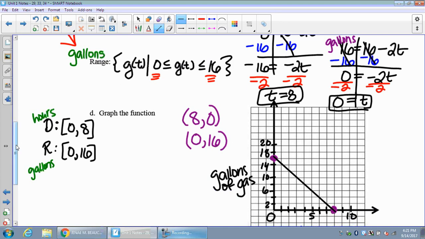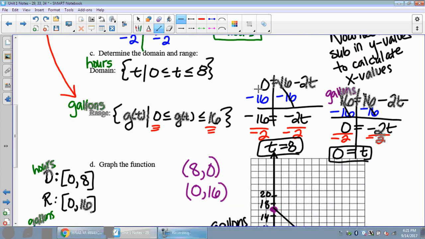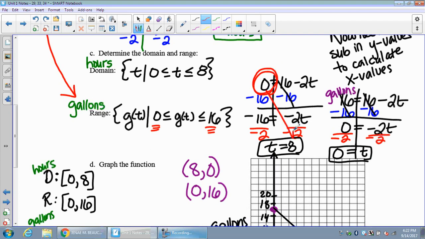Because, and this is an important learning point, when I plugged in my smallest x, I actually got out the largest y value. And then vice versa.